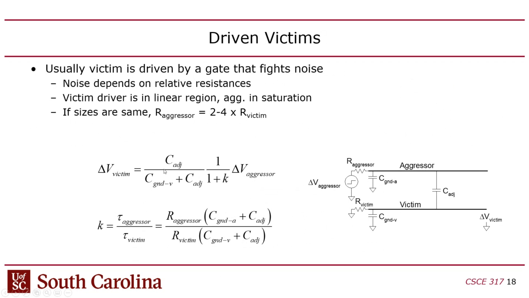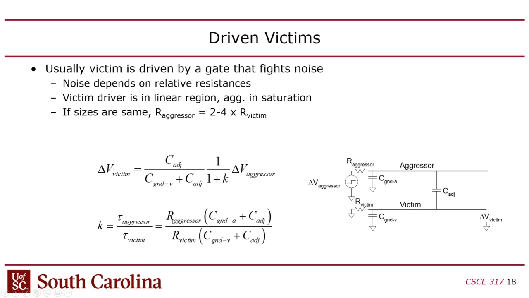This is the same equation we had before: the delta V on the victim is the ground capacitance of the victim over the ground capacitance plus the capacitive coupling between the two, so C adjacent divided by C ground plus C adjacent, times delta V aggressor. But then they add this extra term, 1 over 1 plus K, where K is basically a ratio of the power of the aggressor versus the power of the victim, the drive strength of the aggressor divided by the drive strength of the victim.